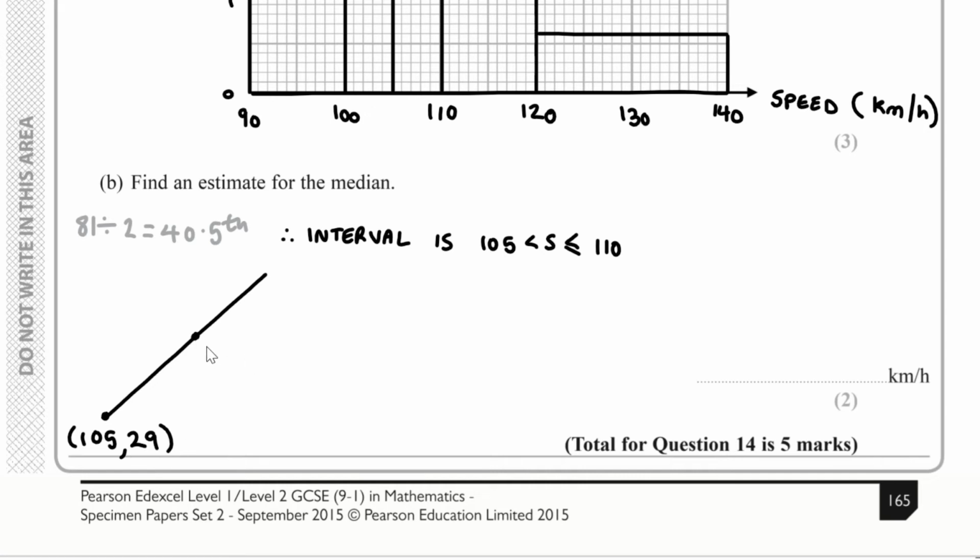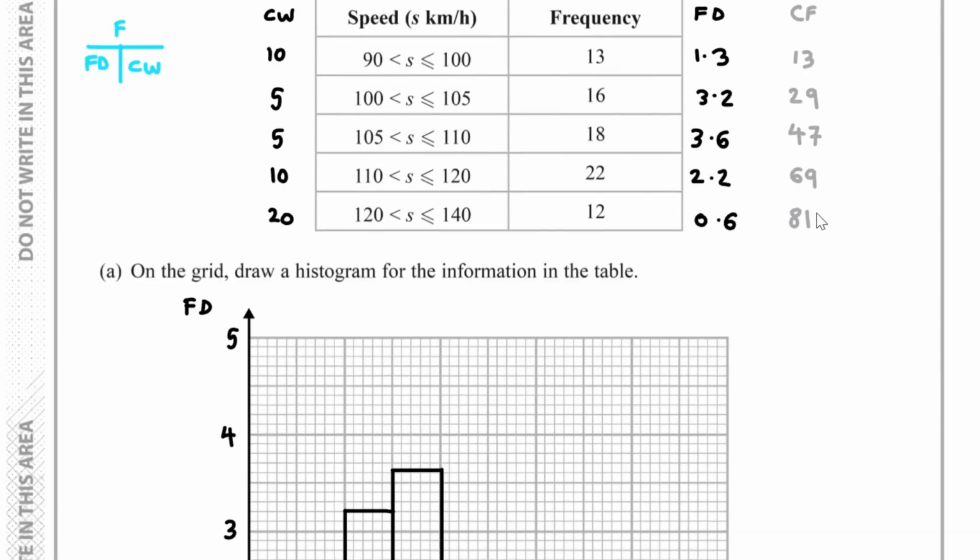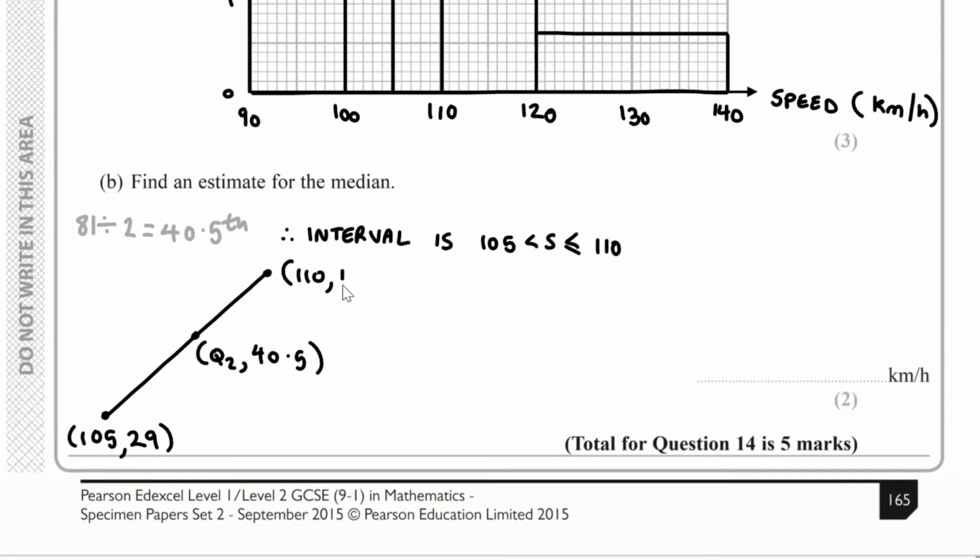Now here we've got the median Q2, and that corresponds to 40.5, and here we've got the 110, and if we go back here you can see we've got 47 with a speed of 110 or less.